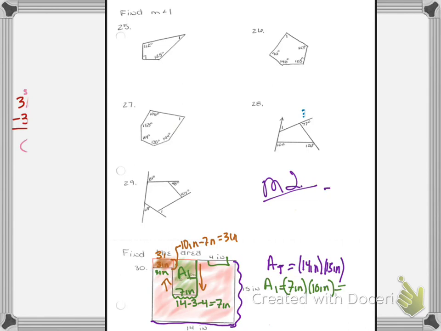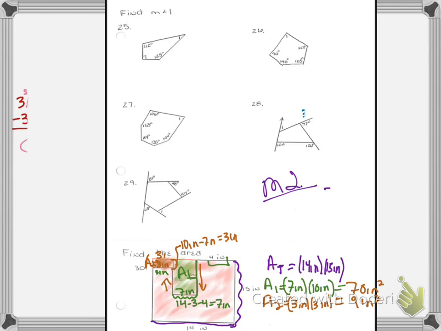So you went down 10, you went back up 7, and now you're back at 3 inches. So you see you have a height of 3 inches and a width of 3 inches. So area 2 is going to be 3 inches times 3 inches. We know that's 9 inches squared, and area 1 is 70 inches squared.